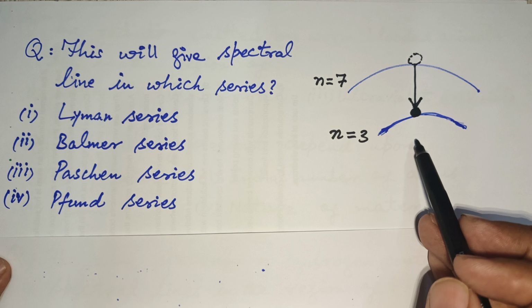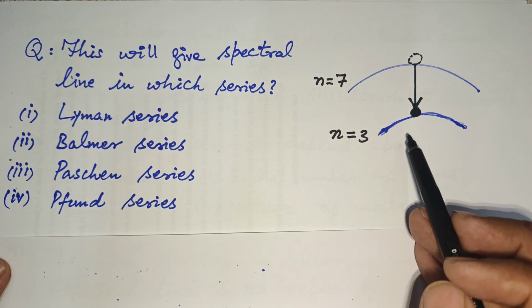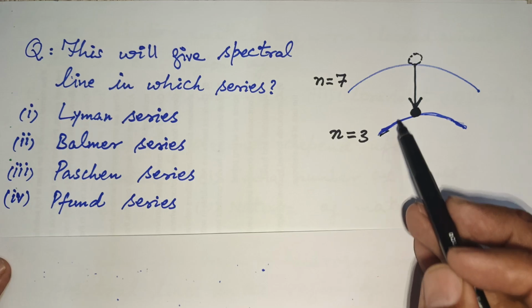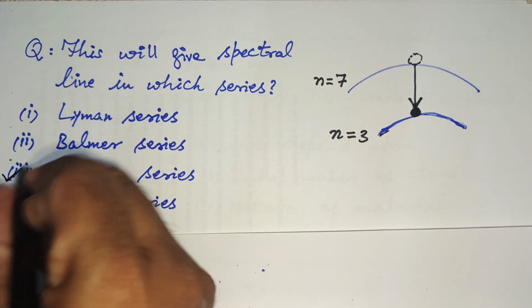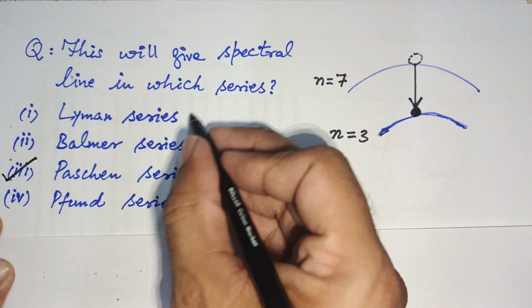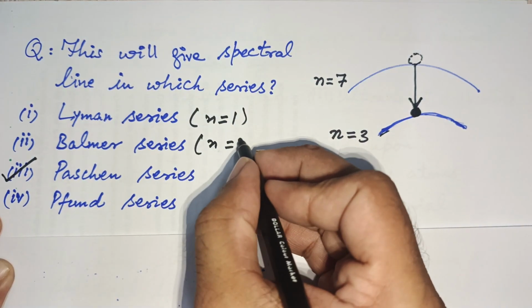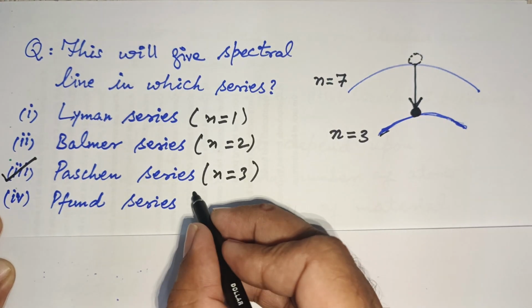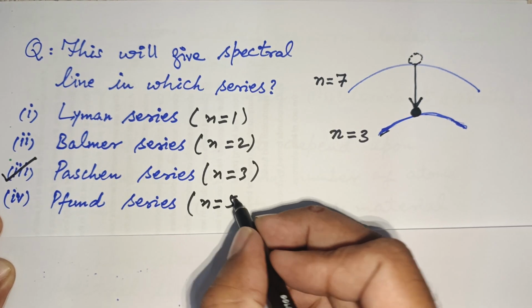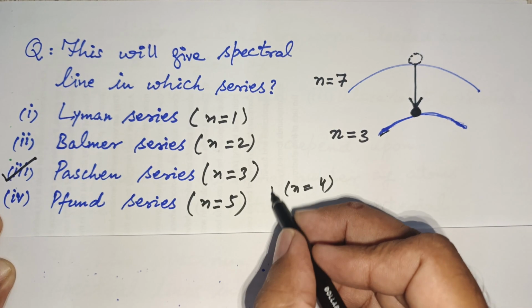The electron jumps to the third state, and this indicates that it will lie in the Paschen series, because you have to remember that Lyman is n equals 1, Balmer is n equals 2, Paschen is n equals 3, Pfund is n equals 5, and in between, Brackett is n equals 4.